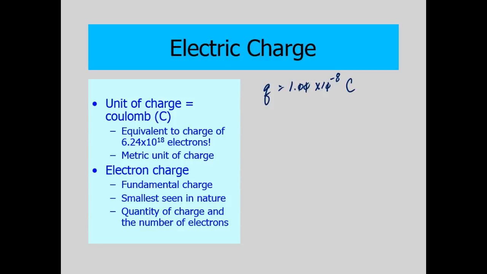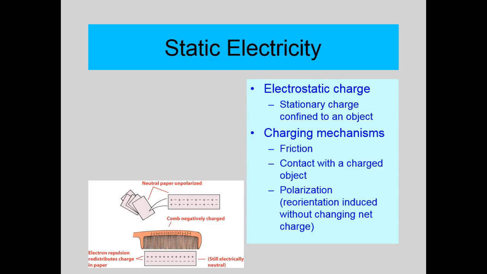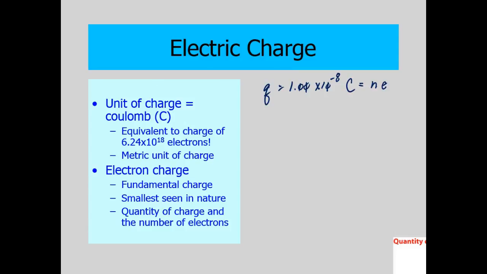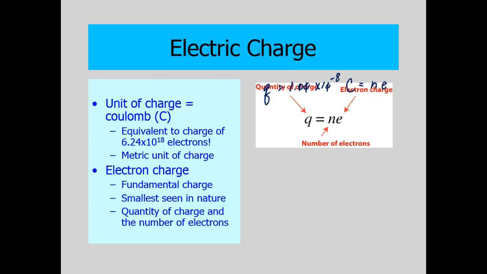How many electrons were transferred from your hair to the comb? So Q is this, and Q is also equal to N times E. Remember? That was that first formula we had. There it is. So Q is equal to N times E. Okay? So, the question said how many electrons.